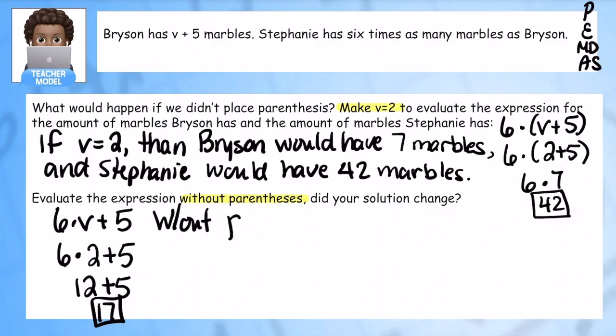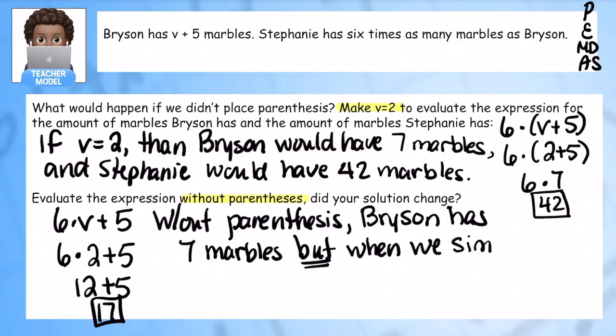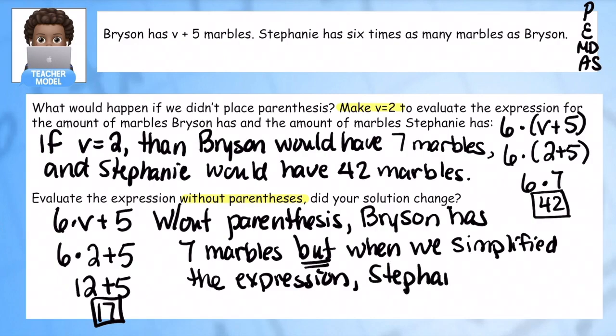So without parentheses, Bryson has 7 marbles, but when we simplified the expression, Stephanie has 17 marbles. A very different answer.